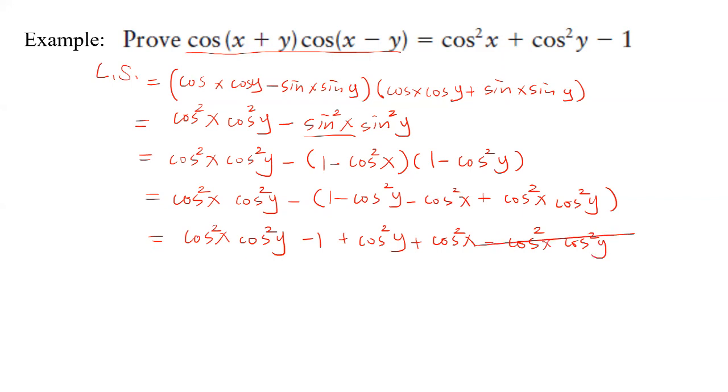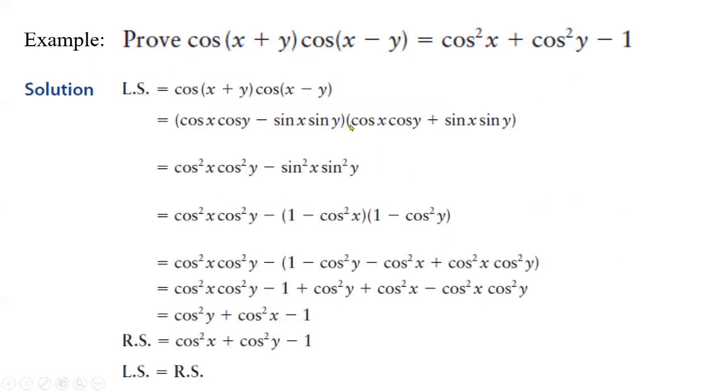And these two terms cancel with each other, right? So this is cosine x square plus cosine y square minus 1, which is exactly the expression on the right side. So we have proved this statement here, right? Okay, any questions? No? Okay, you can also check the complete solution in this slides after the class.